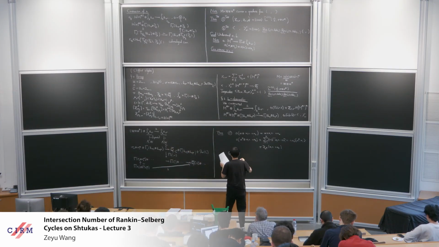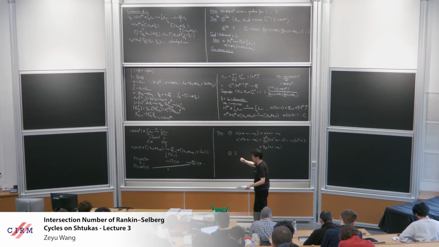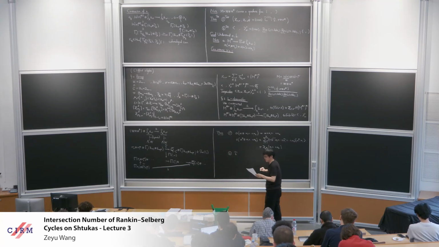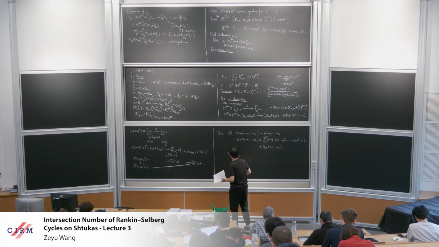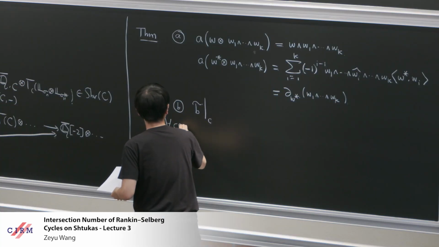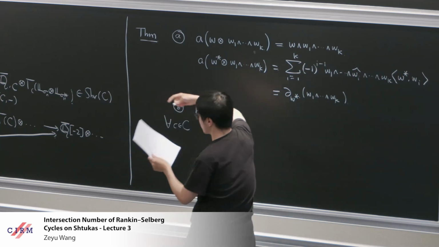So it turns out that if you want to study the entire map B tilde, it is not very easy, but you can study a stalk at some point on the curve. So for any point on the curve, I can study a stalk.